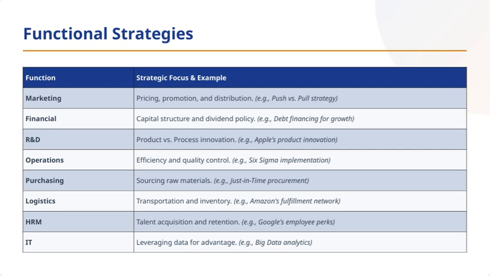Google, for example, offers unique employee perks that help engage and keep their workforce motivated. Finally, it leverages data to create competitive advantage. Big data analytics enables companies to understand customer behaviors, optimize operations, and innovate faster. Connecting all these functions, it's clear that each plays a vital role in executing strategic initiatives and driving overall success.